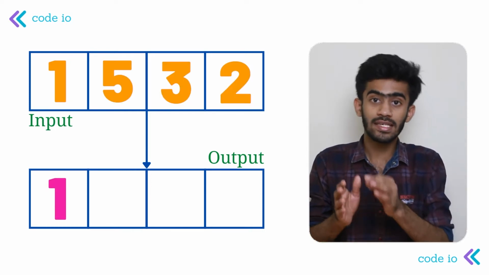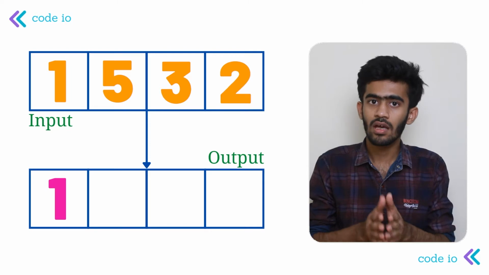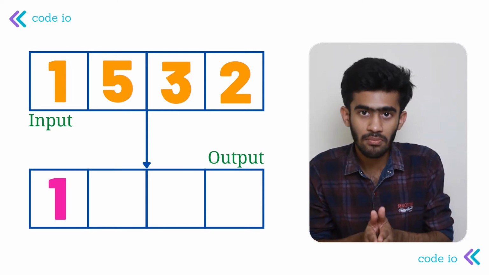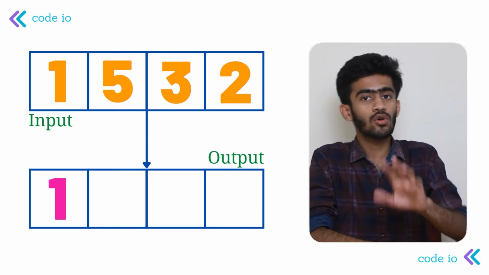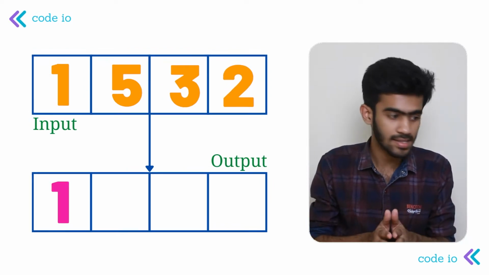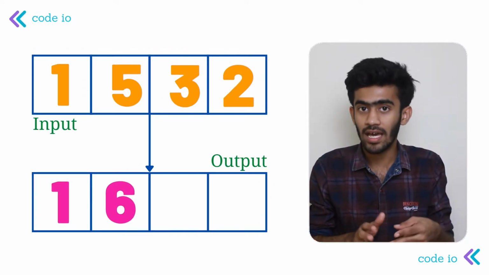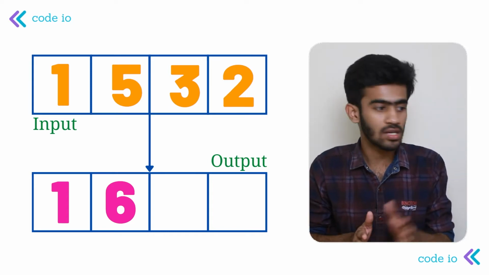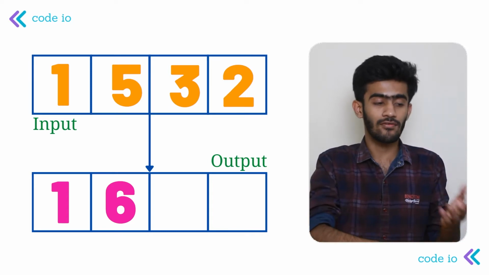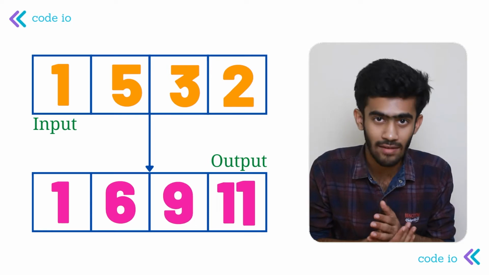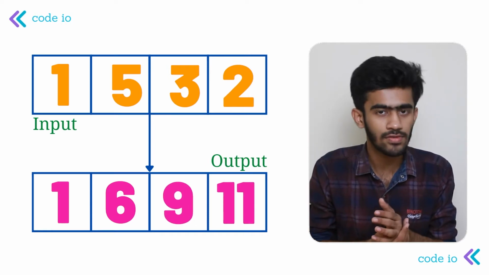Okay. But for the second element, that is 5, what we have to do is we have to sum the value till 5. So the second value would be 6. And similarly, the next value would be 1 plus 5 plus the next value, that is 3. And hence we will get the value of 9 and similarly the value of 11 for the next consecutive sequence.